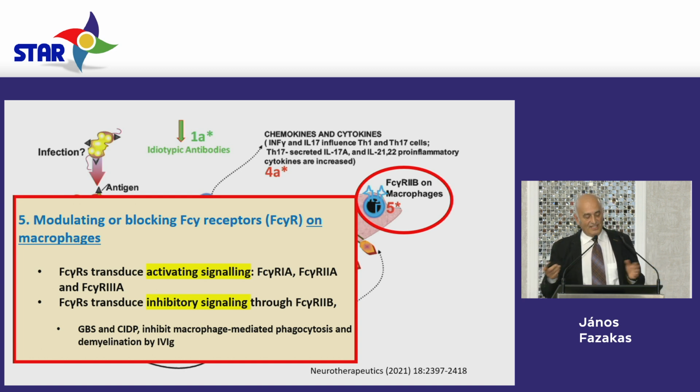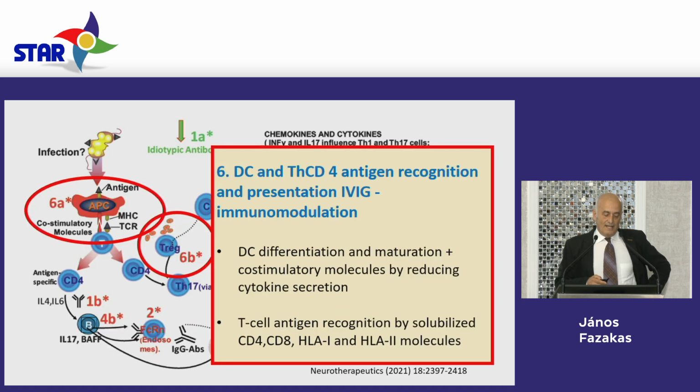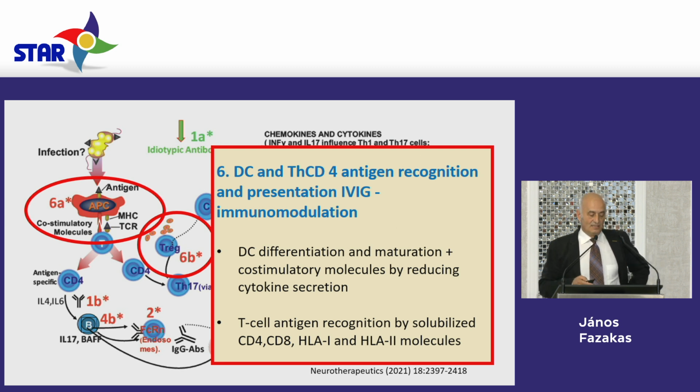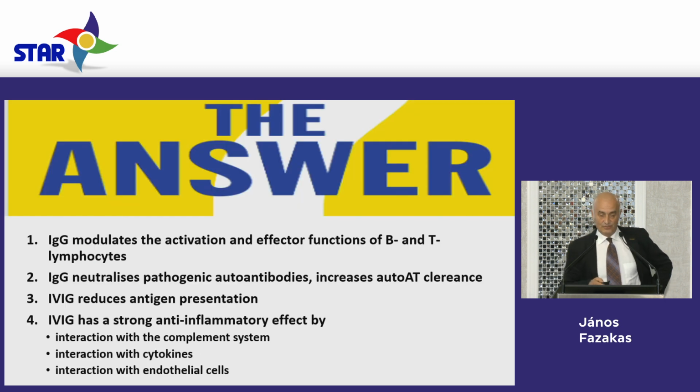and this can be transduced into an activating signal or an inhibiting signal, and it helps in dendritic cell differentiation and maturation with the costimulatory molecules to reduce the cytokine secretion, plays a role in reducing your cytokine storm, and also in the CD4 antigen recognition.